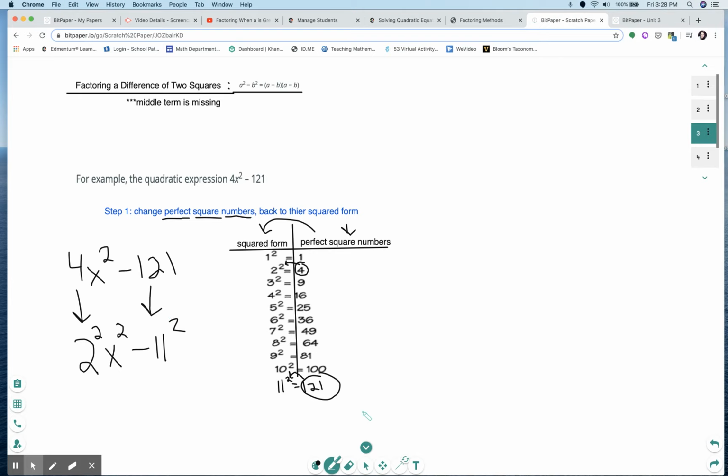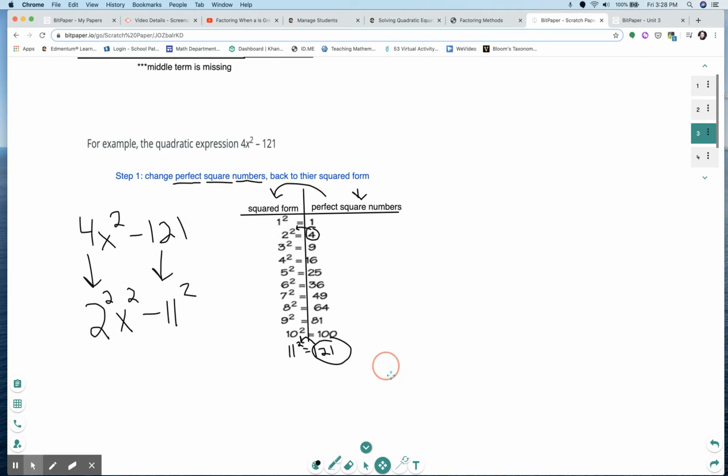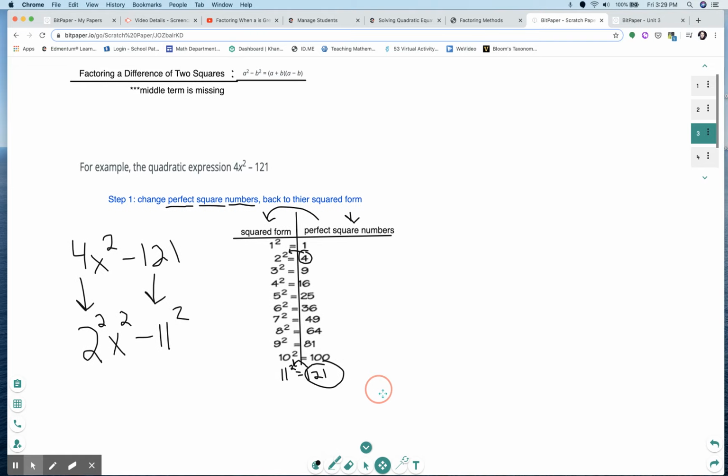Now the next thing I'm going to do is where students really trip up for some reason. That's why I wanted you to rewrite your formula as (a) squared plus (b) squared equals your a plus b, a minus b thing.